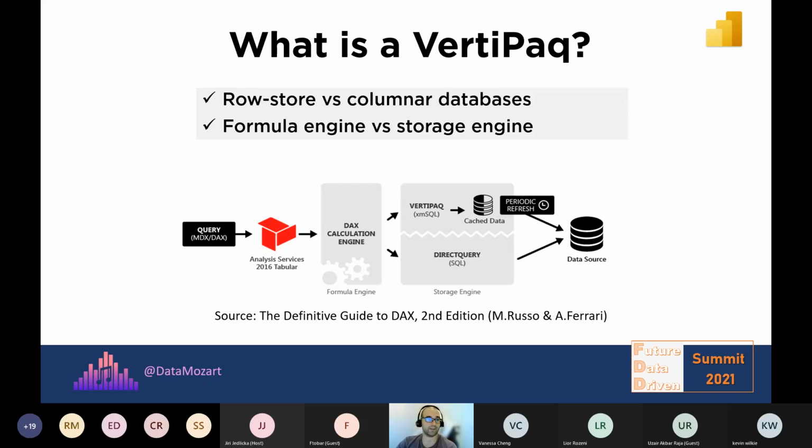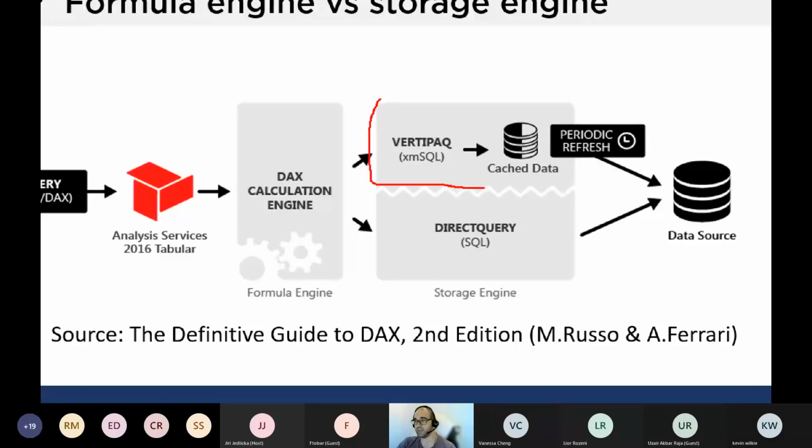Basically, the Formula Engine accepts the request, processes it, and generates the query plan before it finally executes it. The Storage Engine pulls the data out of the tabular model to satisfy the request issued within the query generated by the Formula Engine. The Storage Engine can work in two different ways in order to retrieve requested data. VertiPaq, which will be the highlight of our talk today, so this part here.